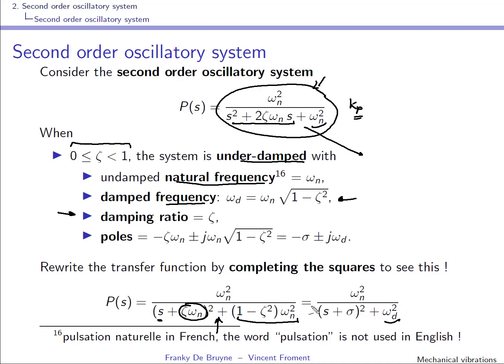Okay, from here it's very easy to see that the poles of the systems are given by this expression over here, and when zeta is in between 0 and 1, you will see that indeed these are complex poles.